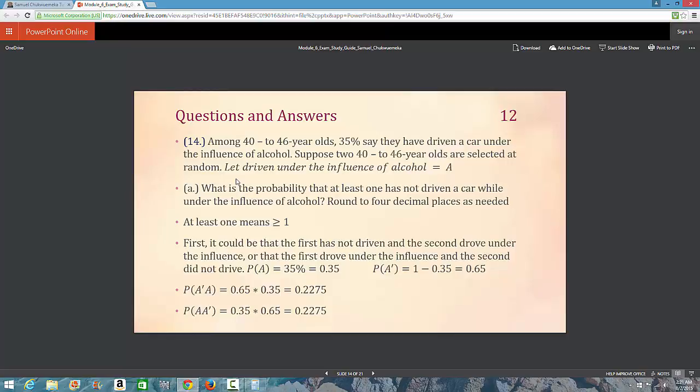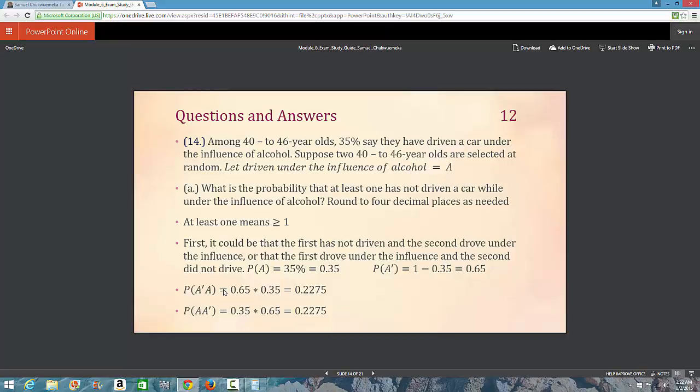But the probability that they have driven is 35%, which is 0.35. So the probability that they have not driven is 1 minus 0.35, which is 0.65, which is 65%. Okay, so you have to consider the three cases.